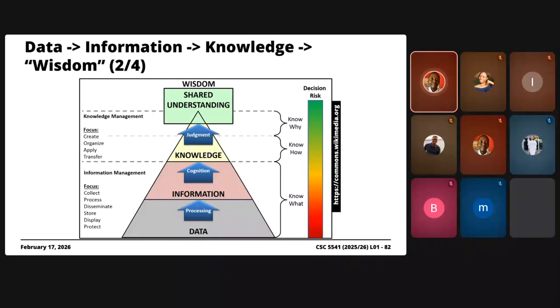If you look at this pyramid structure here, you start off with data and then move on to information. You combine different data aspects and derive meaning. When you have that meaning, you get knowledge, which can be used to make decisions or judgments. And at the top you have wisdom, a shared understanding, if you will.